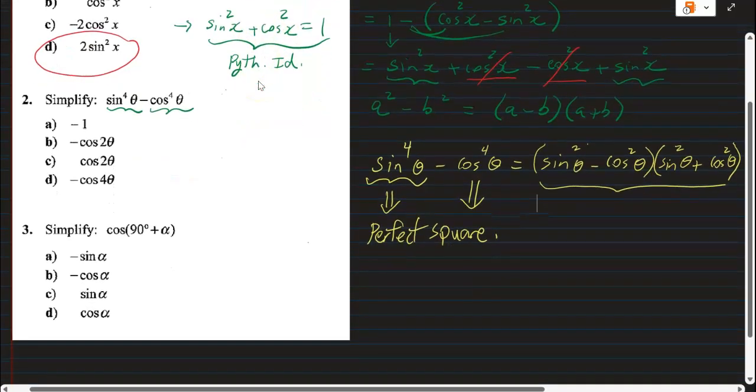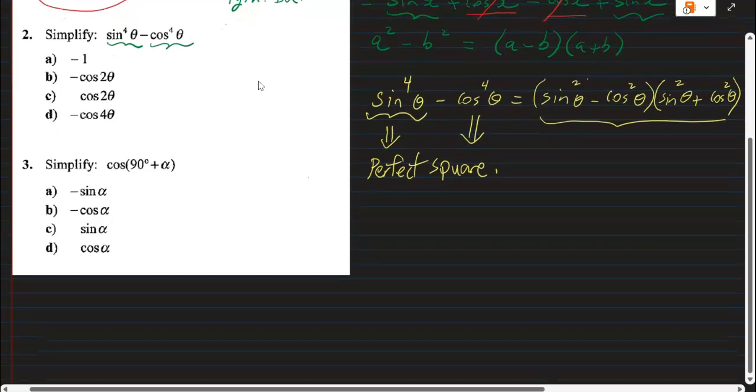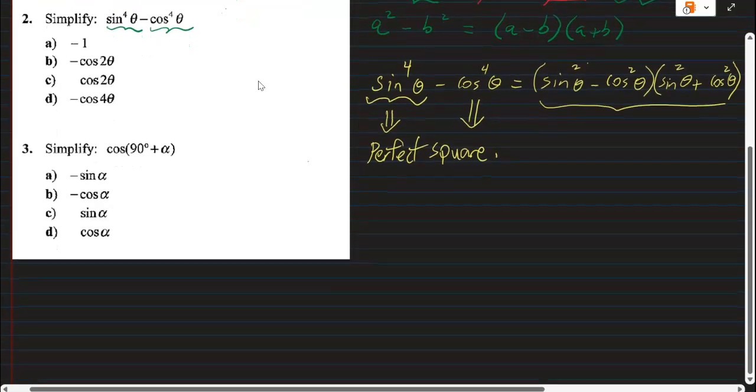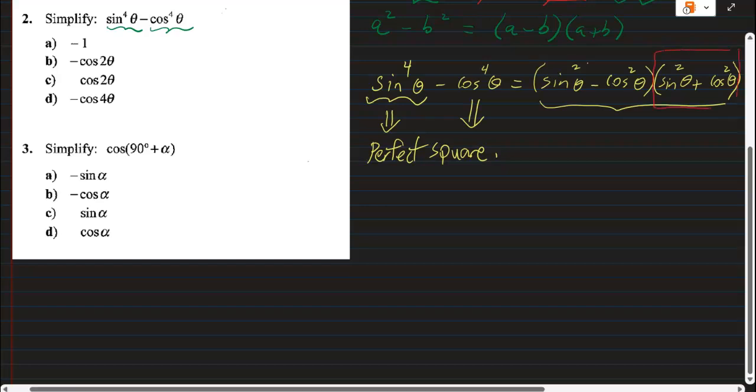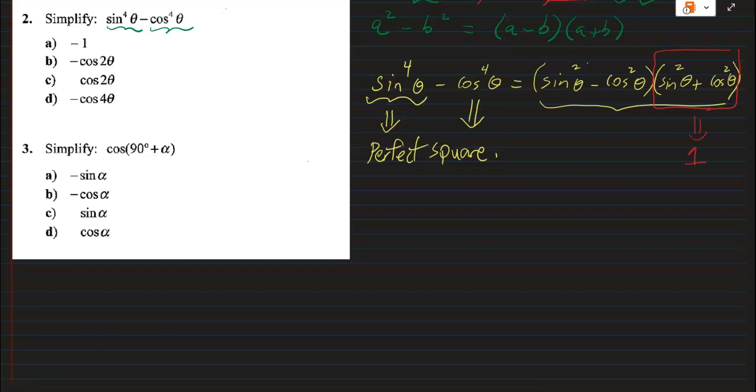We know sine squared theta plus cos squared theta is the Pythagorean identity, so that bracket is 1. Now we're going to rewrite sine squared theta minus cos squared theta.